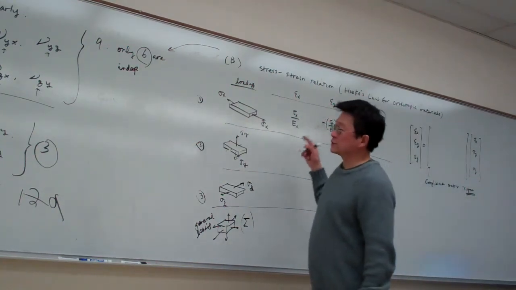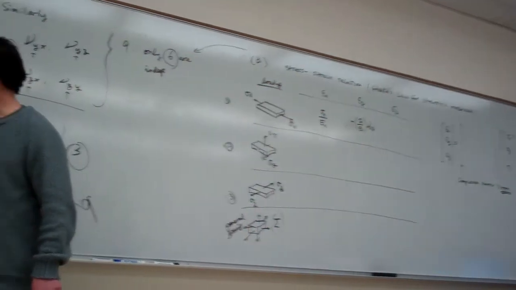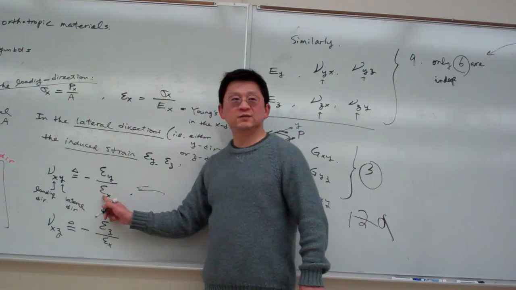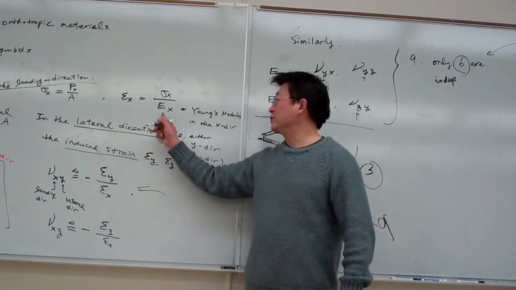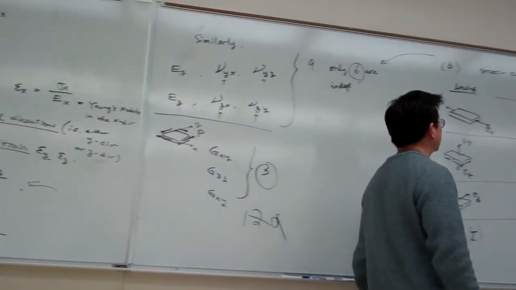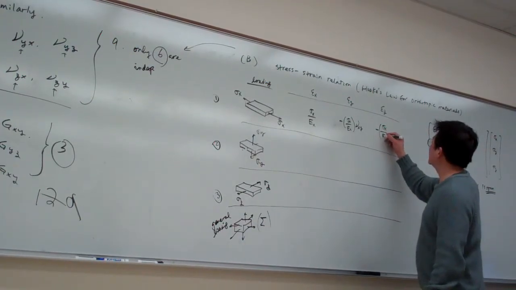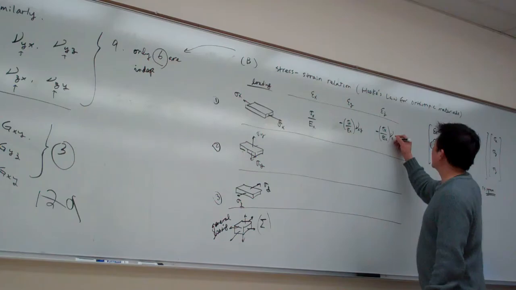So this is epsilon y. Epsilon y, we look at using this equation, epsilon y equal to this quantity multiplied with this. And this one is simply sigma x, Ex, and mu xz.